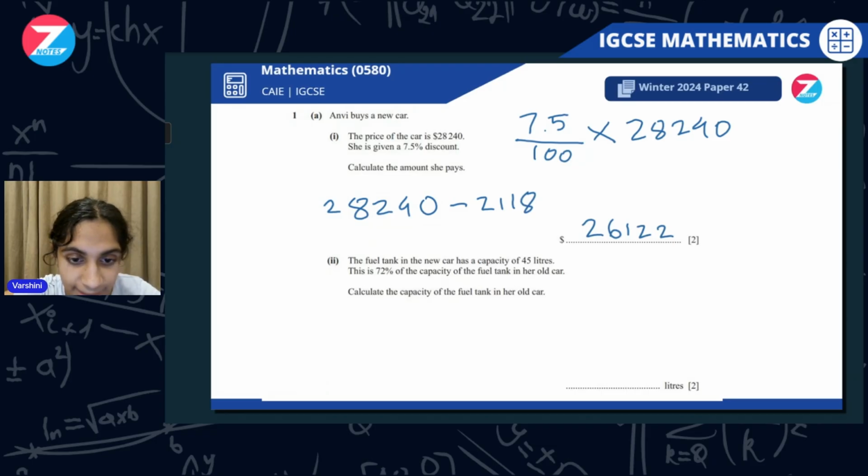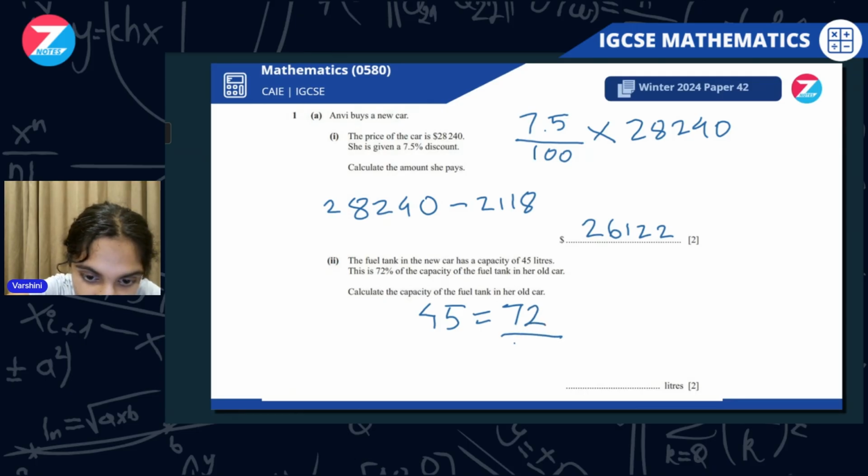So we know that the new car has 45 liters, which is equal to 72%. And remember, percent is by 100. So that's 72% of, again, which is always multiplication, the fuel tank in our old car, which we don't know. This is the unknown variable. So we're going to put it F.